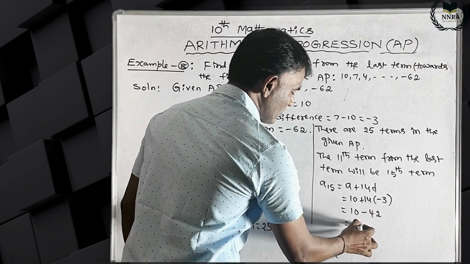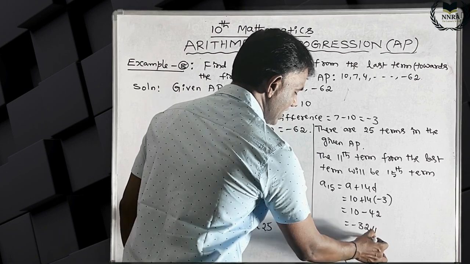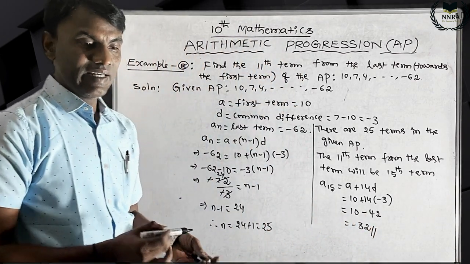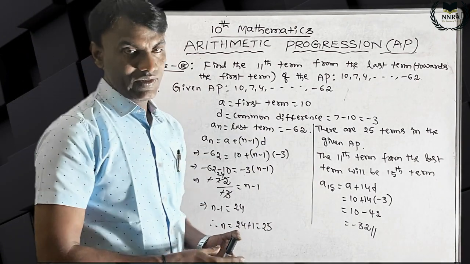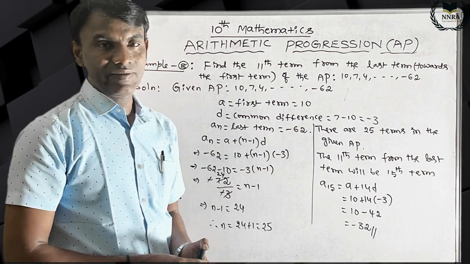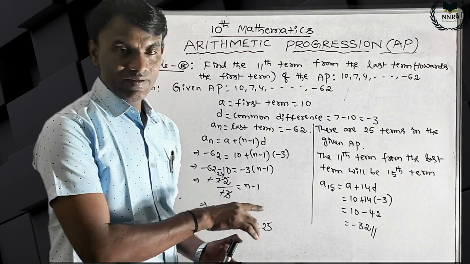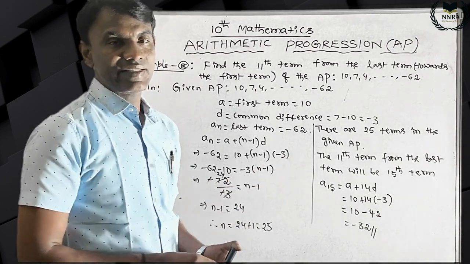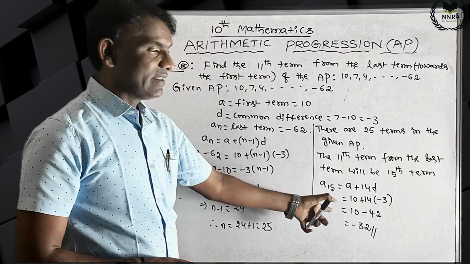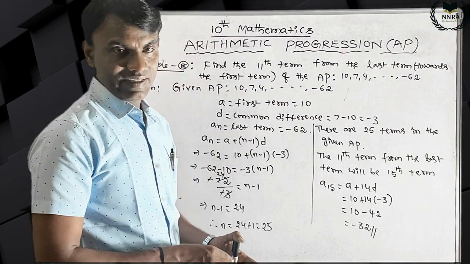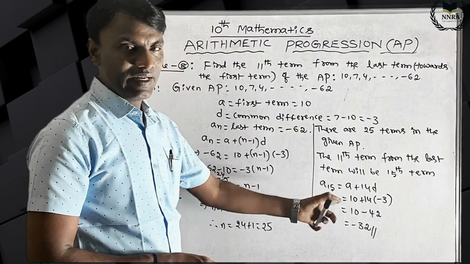So 10 minus 42 equal to, minus is there, na? Then minus 32. Why? Because in 10 minus 42, 42 is the greater number, na? For that minus is there. Then we consider that minus. Then we get minus 32. So this is the 11th term of the given AP from last. Okay, that is the value of A15.